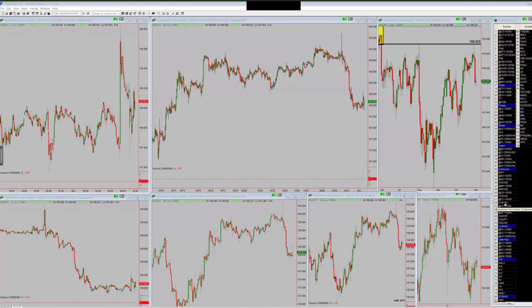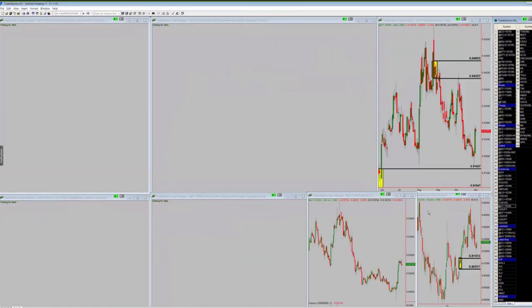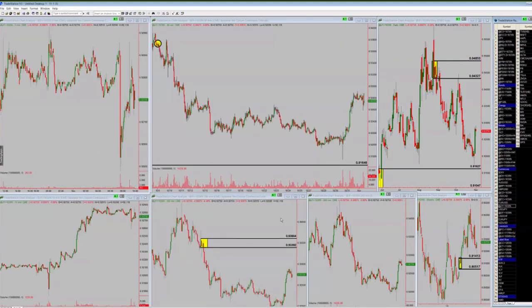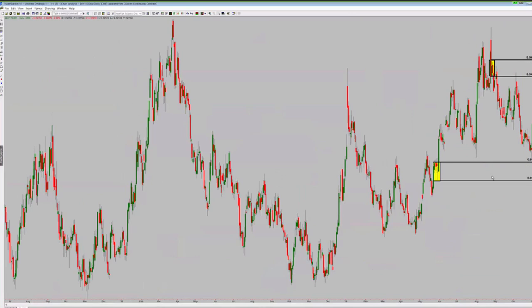Let's start with the futures, and then we'll move over to the spot if we need to. Okay. So again, just for some big picture context, there's the daily chart, and there's the demand zone on the daily. We're far from that now, but just note that price can't even get to that level. So if and when we do get down to that area, that looks like a great level.